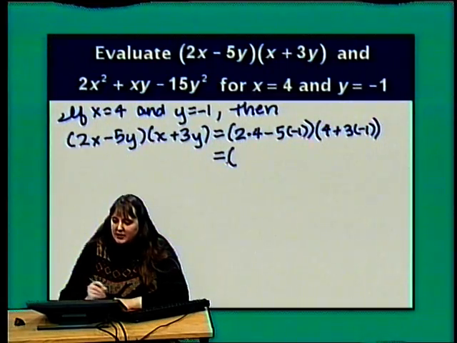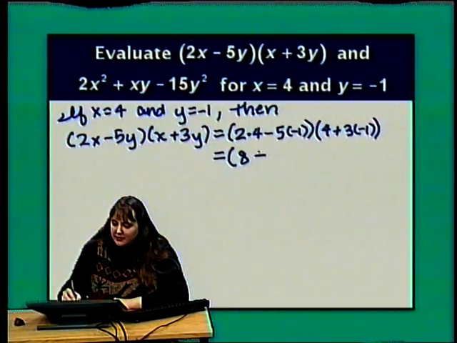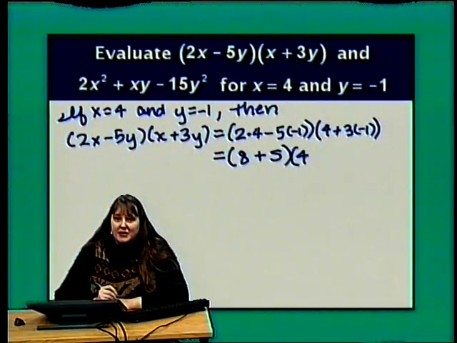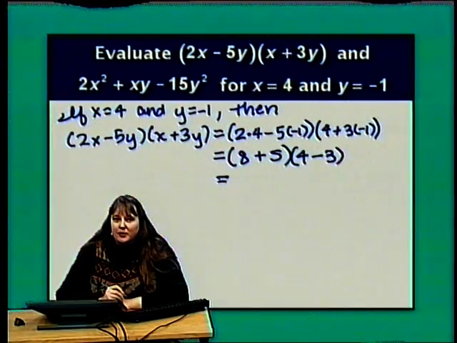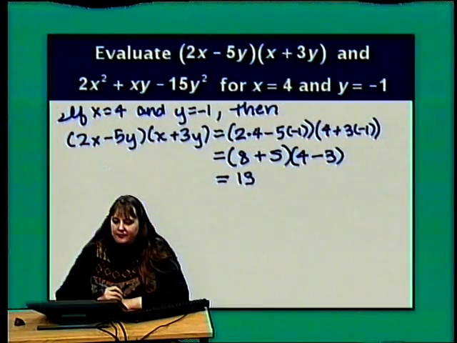Simplifying, we have in the first set of parentheses, 2 times 4 is 8, minus 5 times -1 is plus 5. In the second set of parentheses, 4, positive 3 times -1 is -3, so minus 3. So we have 13 in the first set of parentheses times 1 in the second set of parentheses, which is 13.